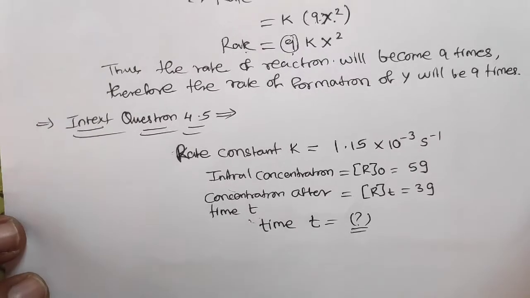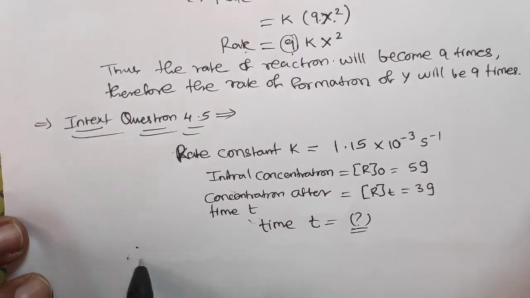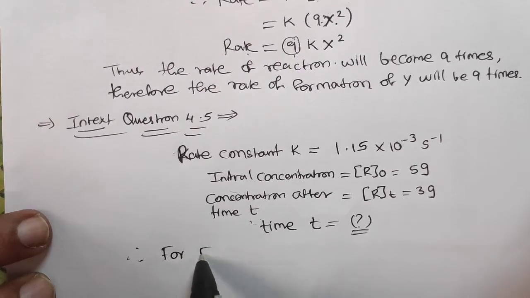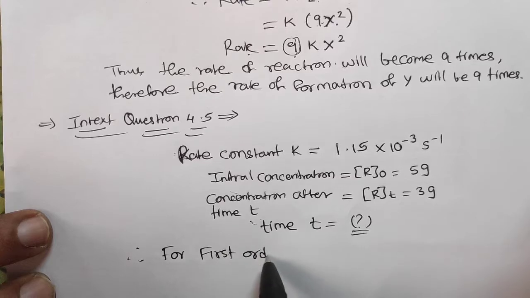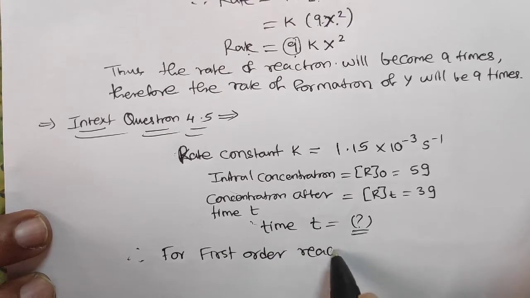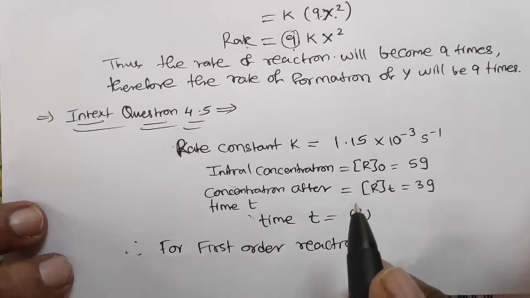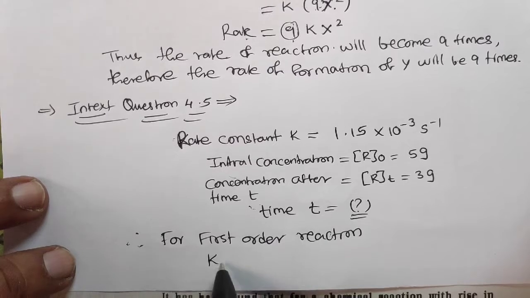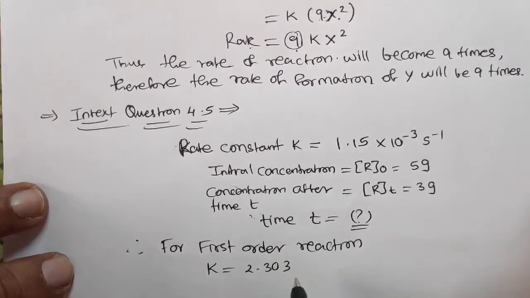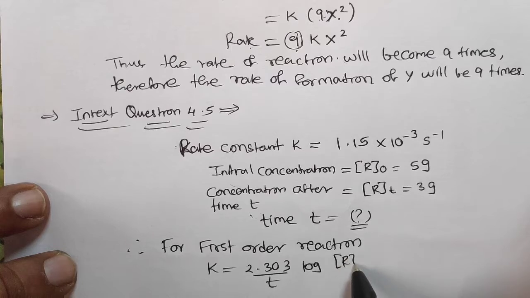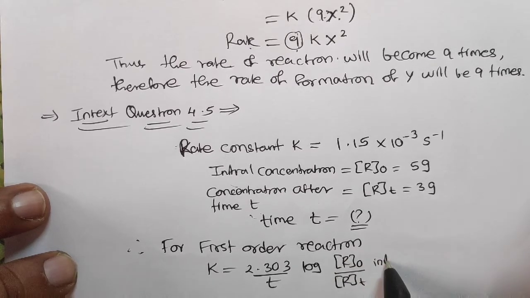Now when we say it's a first order reaction, for a first order reaction we know k is equal to 2.303 by t log R0 by Rt, that is initial concentration upon final concentration.